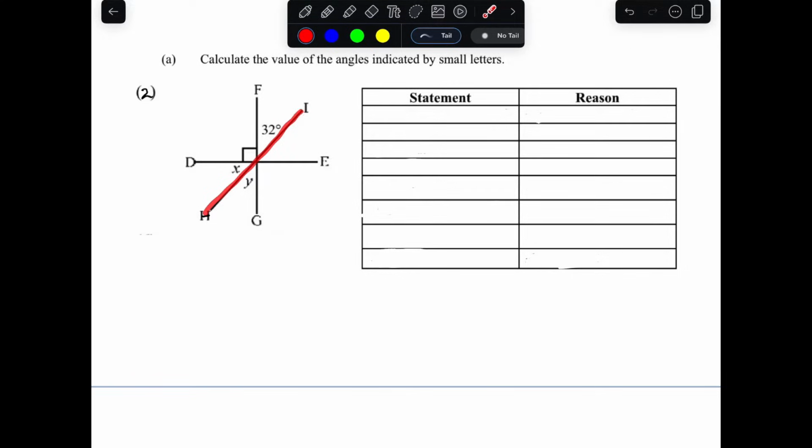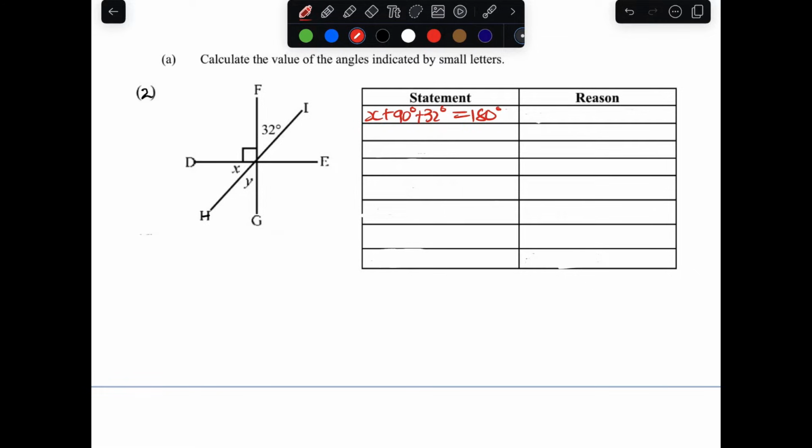So all these angles are in this straight line, they make up 180. So we're going to say x plus 90 plus 32 gives us 180. Okay, let's do that to calculate. We'll say x plus 90 degrees plus 32 equal to 180.